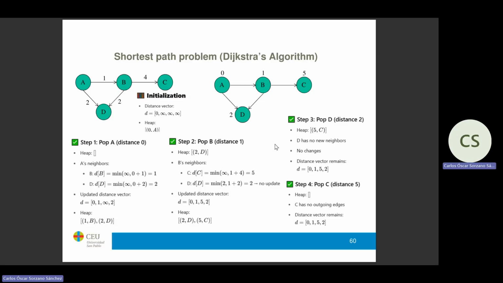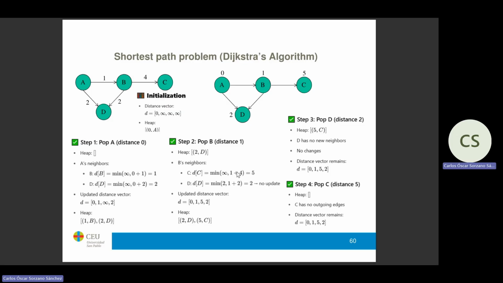This is your heap now. Then you take another element from your heap. I have the first one, so this is the one remaining. The neighbors of B are C and D, and you make the same calculation.